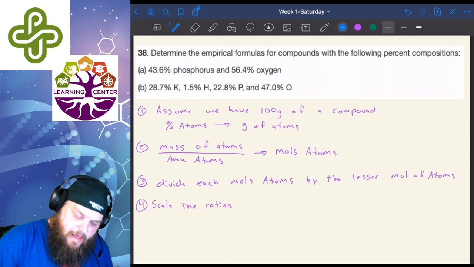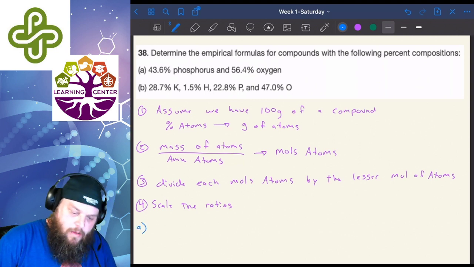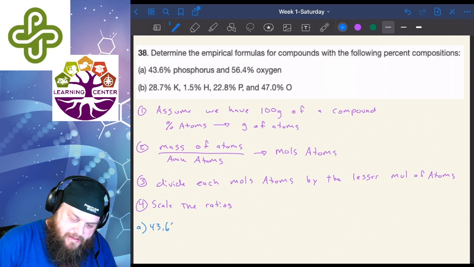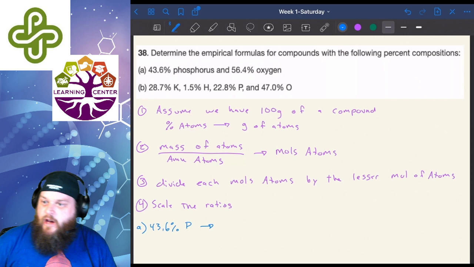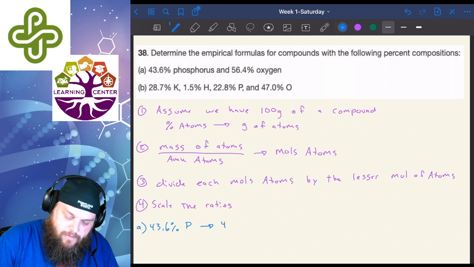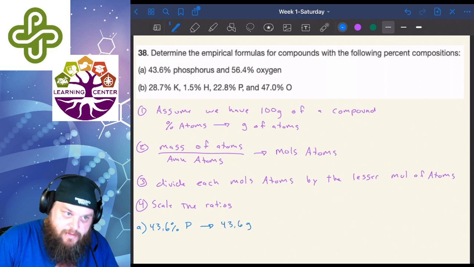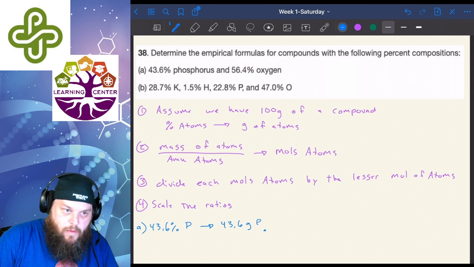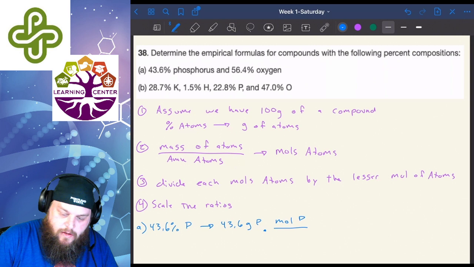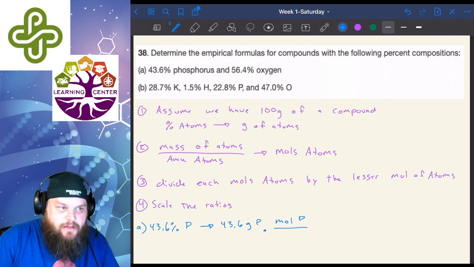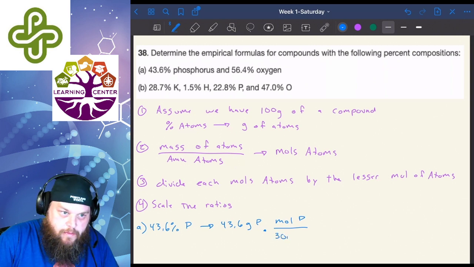So for part A, we have 43.6% phosphorus, which means, assuming we have 100 grams of this, that's 43.6 grams of phosphorus. We can then multiply that by the molar ratio. If you look up phosphorus, it's 30.977 grams per mole.